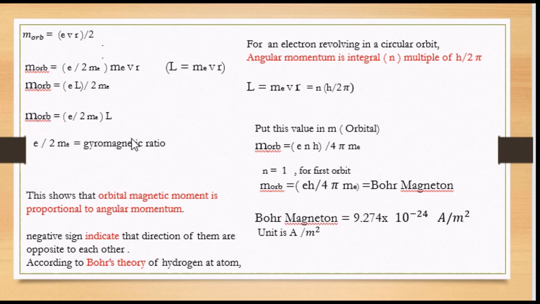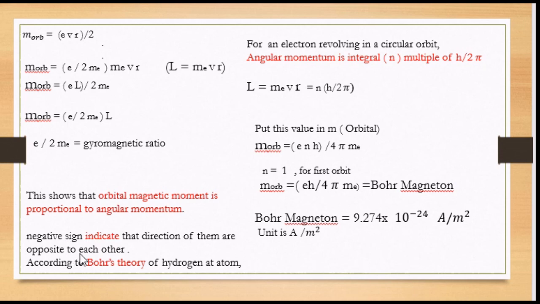So this shows that the orbital magnetic moment is directly proportional to the angular momentum. Students, this is in magnitude form, but when we write it in vector form, there is a negative sign here. That negative sign indicates that the directions of the orbital magnetic moment and the angular momentum are opposite to each other.